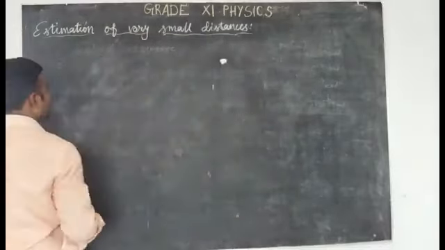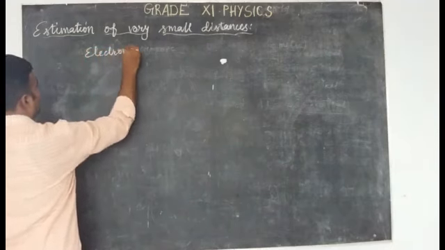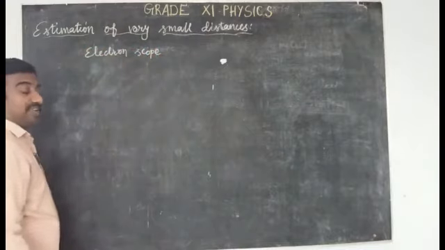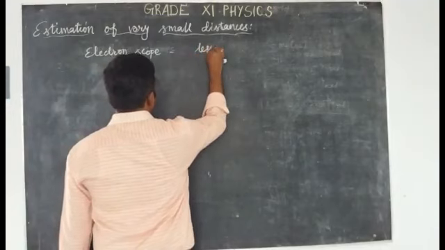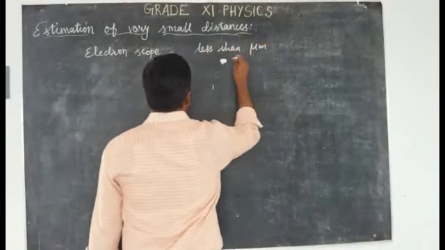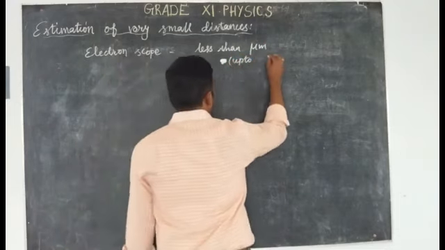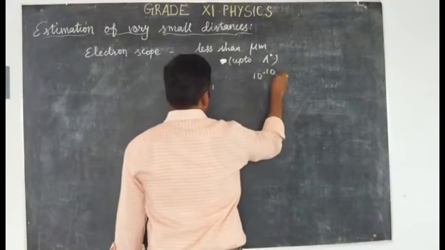For that we will use the electron microscope. The electron microscope is used to estimate sizes less than a micrometer, even up to angstrom. Okay, angstrom means 10 to the power minus 10 meter.